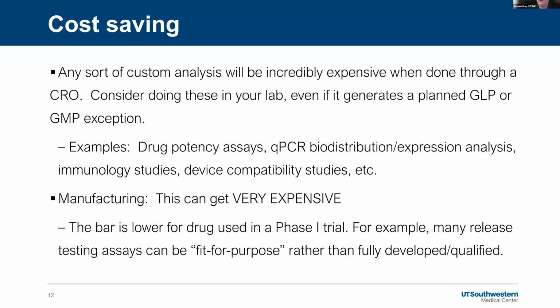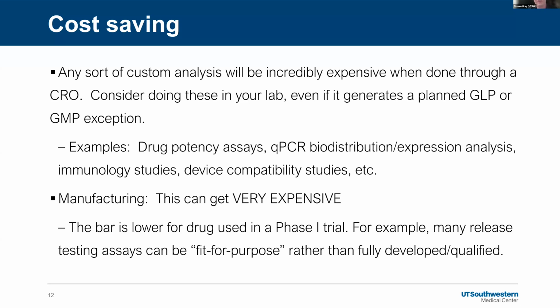And even, for example, a qPCR biodistribution study. I've done a GLP toxicology study that's contracted before, and then I got a quote for over $1 million to do a qPCR biodistribution analysis.